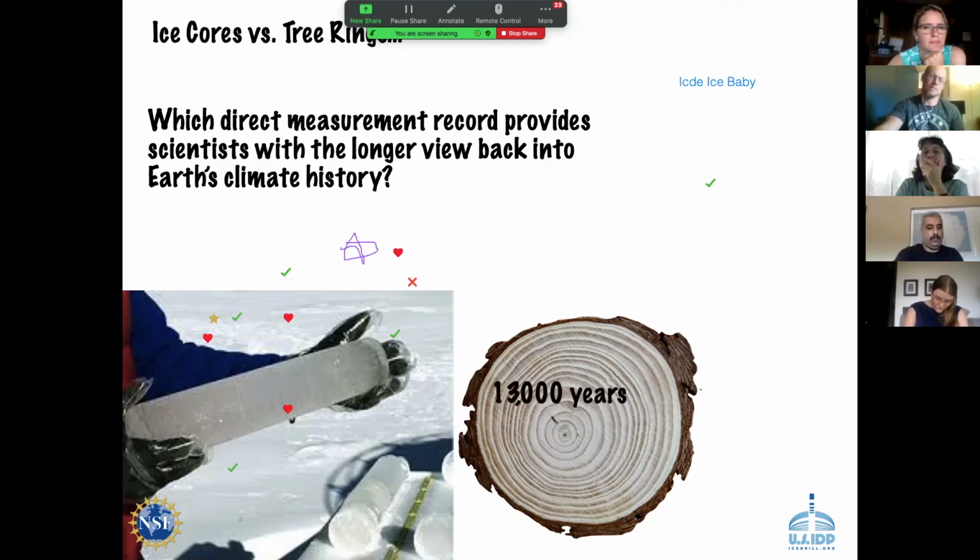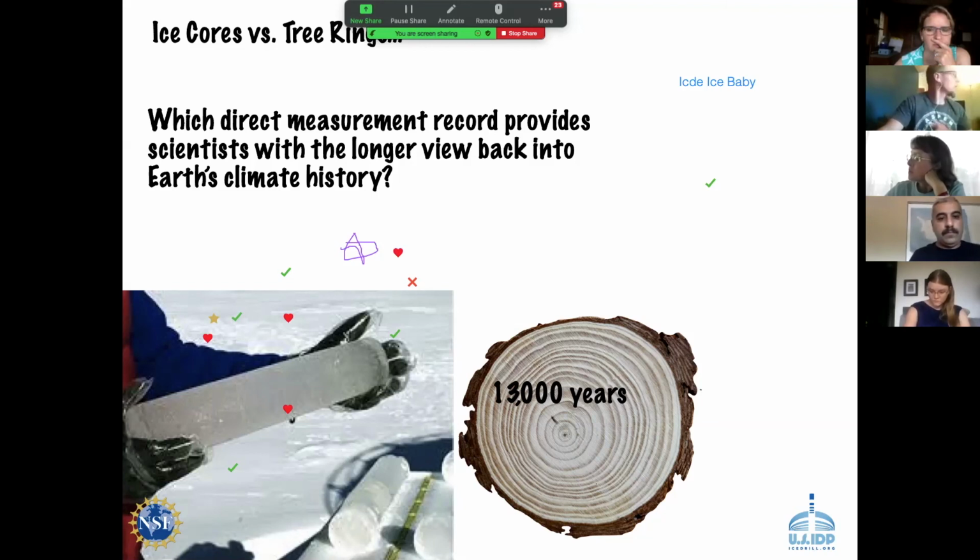So if you chose the tree, I see a check mark and a couple others on that side. That is a good guess because they actually have tree records going back 13,000 years. And that's not a 13,000-year-old tree, but that's by overlapping the tree that's growing in your backyard right now with the one that's dead, with the next one that they find, the next one. And they can actually go back 13,000 years into the climate record using trees.